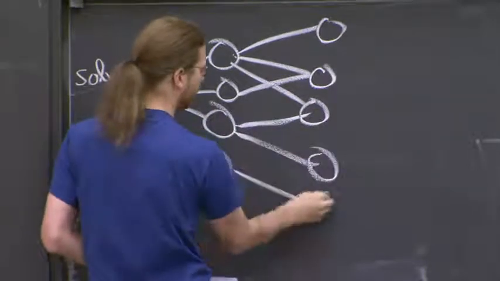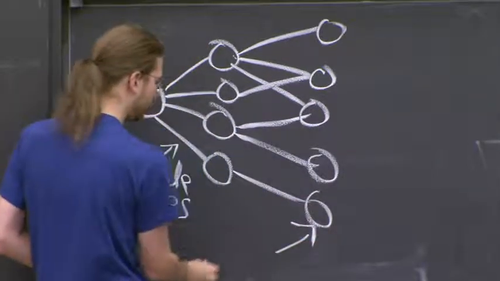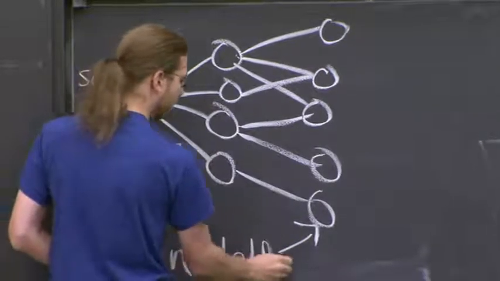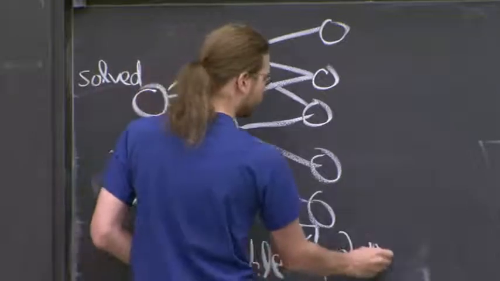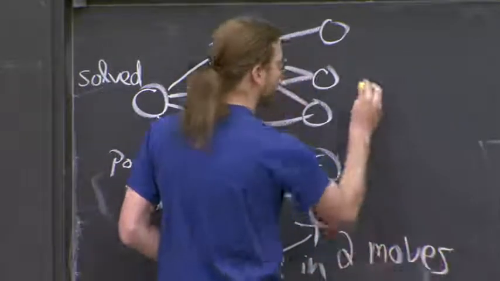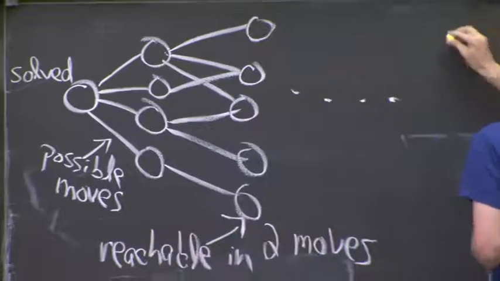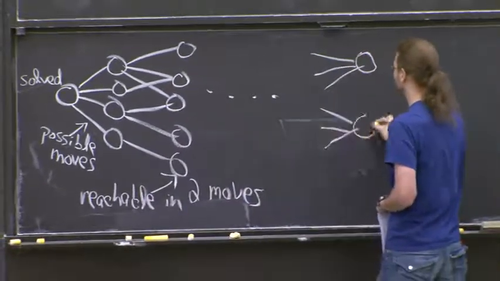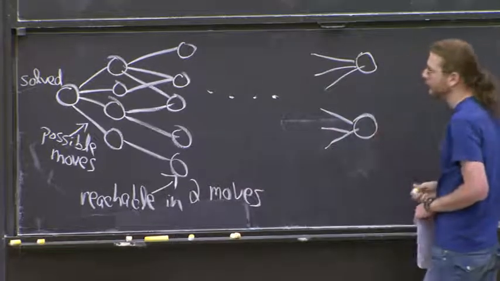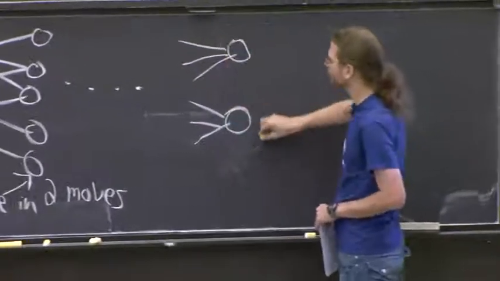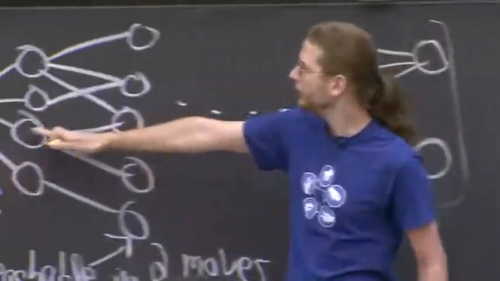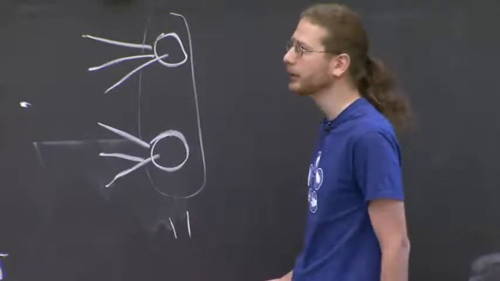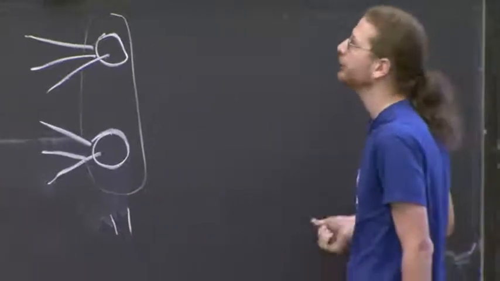OK, but these would be all of the configurations you can reach in 2 moves. Okay, and so on. And at some point, you run out of graph. There might be a few nodes out here. This is everything you can reach in 1 move, and 2 moves, and 3 moves. At the end, this would be 11 moves if you allow half twists.